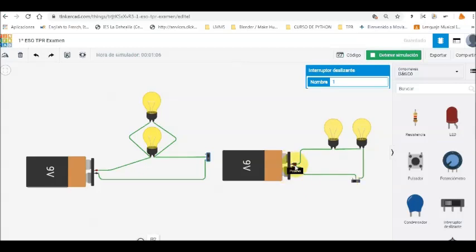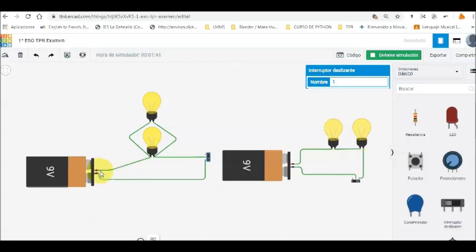Why? Because in this situation, in the circuit on the right side, electrical charges come out from the positive pole, and all of them must pass through one lamp and then the other. Okay, so that's very difficult for them, and because of that, there are very few of them able to do that. That's why this circuit on the right side is lighting up less than the other one.